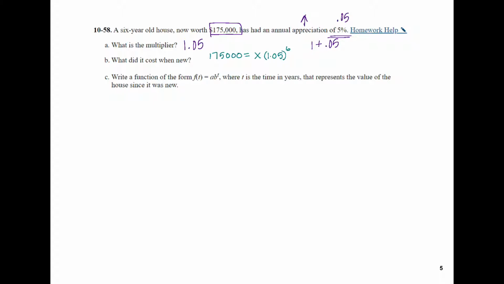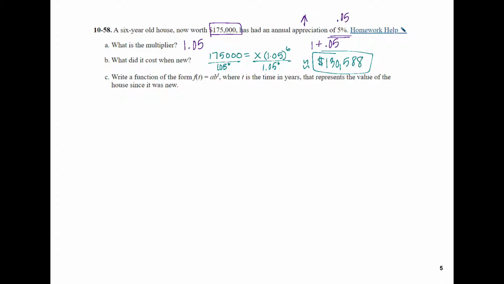When we use inverse operations, we divide 175,000 by 1.05 to the 6th power, and we get that the house, when we purchased it, was approximately $130,588. So it's really important that we understand appreciation and value of homes, because you can make money.